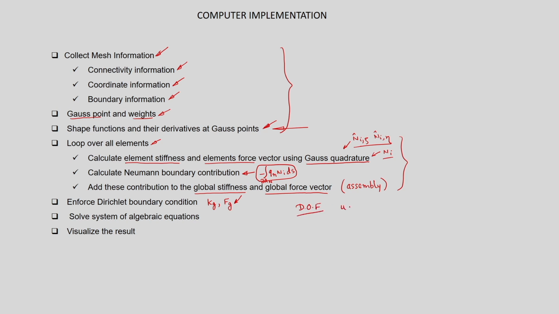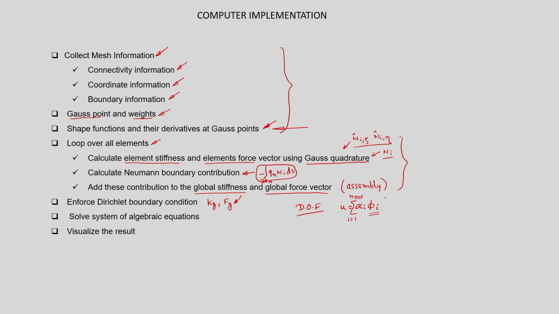So, when we are writing u is equal to alpha I phi I, I goes from 1 to the total number of degrees of freedom in the system. Here, if we look at the construction of the shape function, we said that phi I is 1 at the ith node and it is 0 at all other nodes, but all other shape functions are 0 at the ith node.